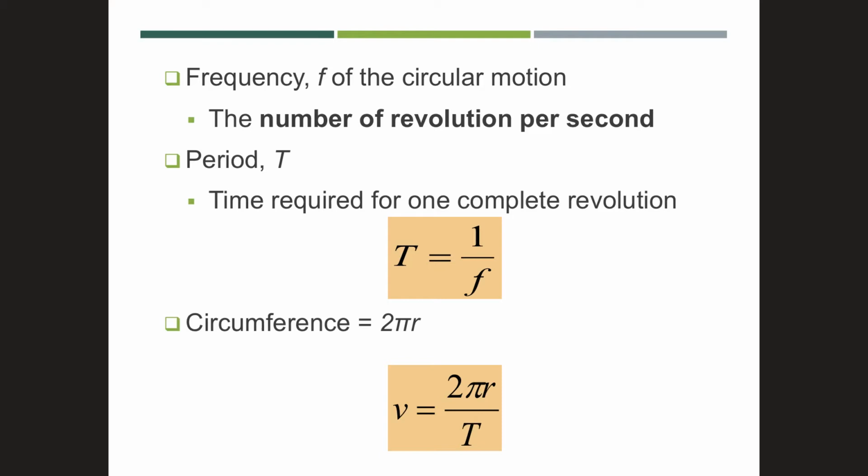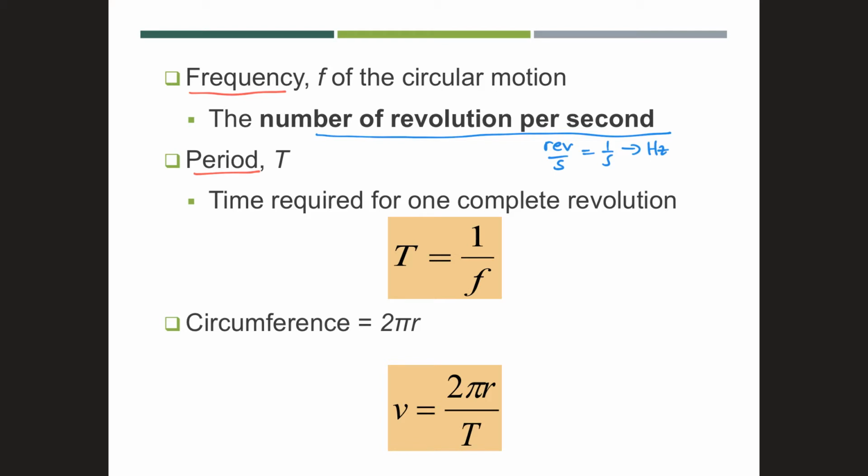When it comes to uniform circular motion, which means the object is moving in a circle, definitely you need to relate it with the frequency and the period. Please take note, the frequency is the number of revolutions per second, so sometimes we put the unit as revolutions per second, or 1/second, which is equivalent to hertz.